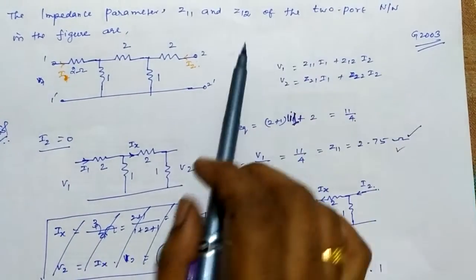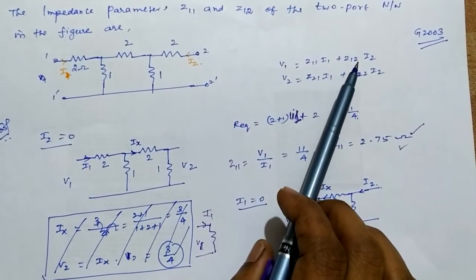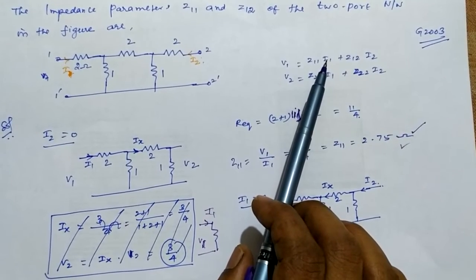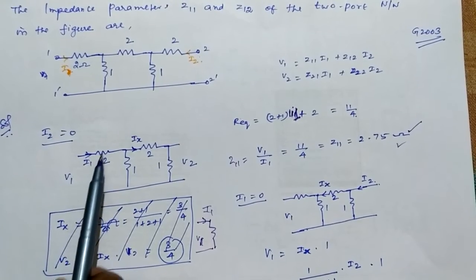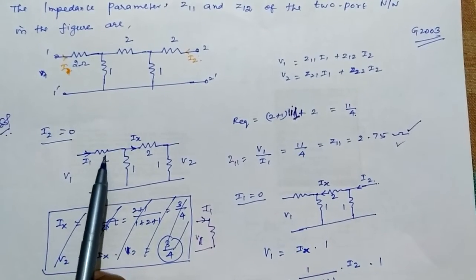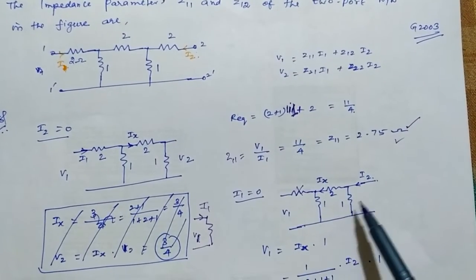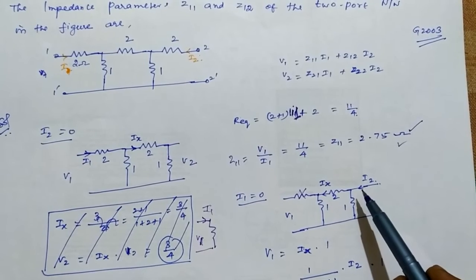Now the second one is Z12. Z12 can be calculated by making I1 equal to 0. When I1 is equal to 0, there is no meaning of this resistance. Only we have the arrangement like this. So I2 is the current flowing.